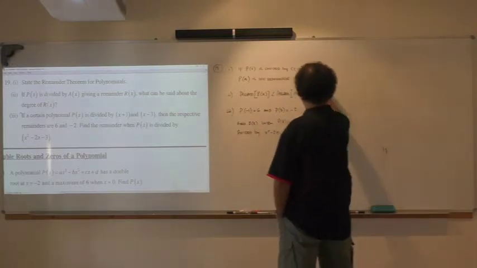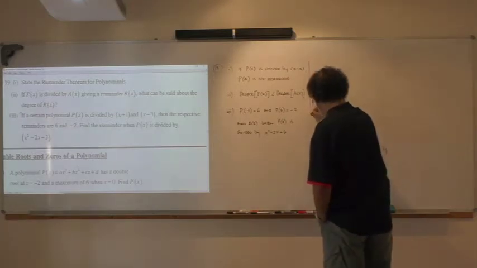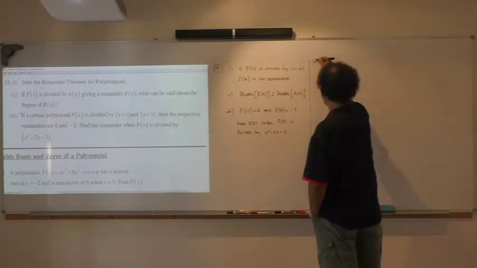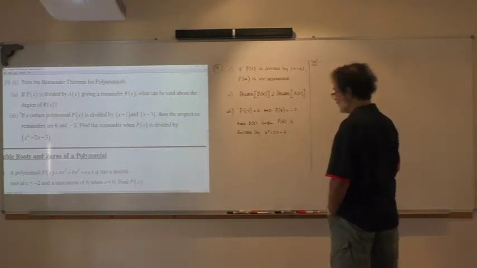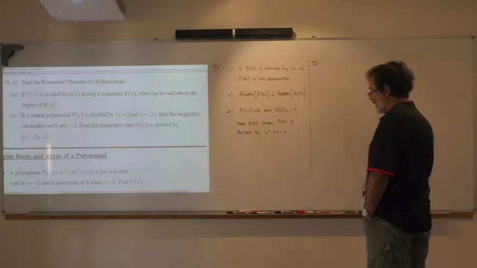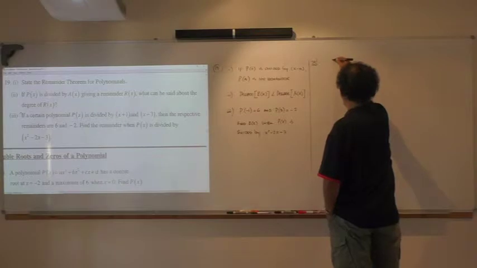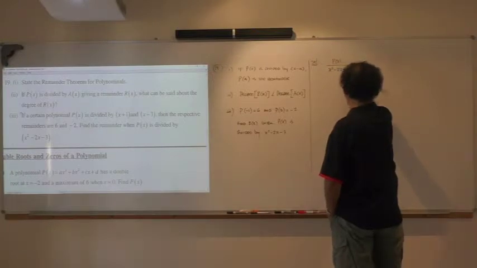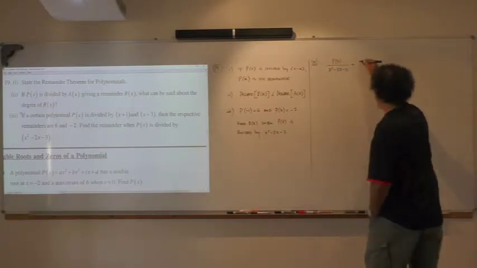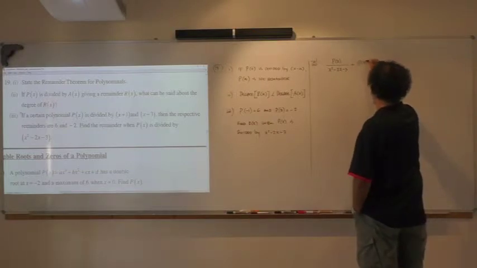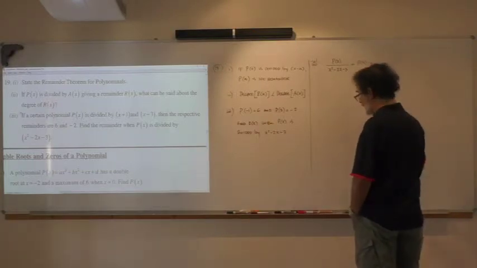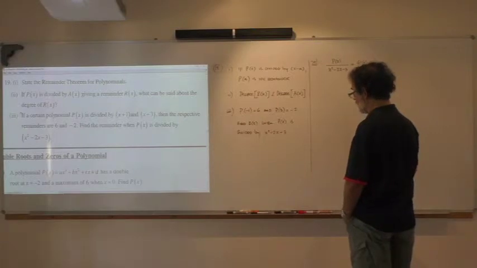I'm going to do the solution here so I have more room. This is the solution for the second part of question 19. We're going to say P of x divided by x squared minus 2x minus 3 is going to be equal to some quotient plus a remainder.